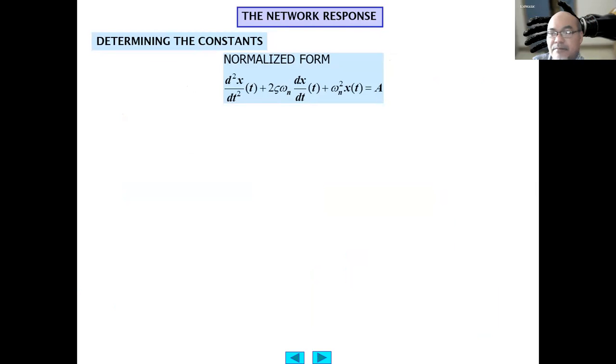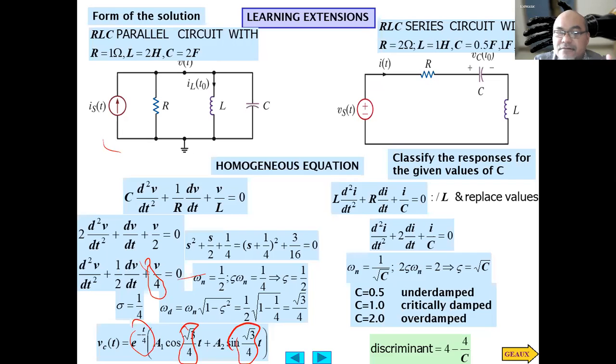Okay, so in the previous slide, we have been able to write the general solution of the circuit, but the constants are still there. For example, if it is underdamped, we have e^(-σt) times (A1 cos ωd t + A2 sin ωd t).